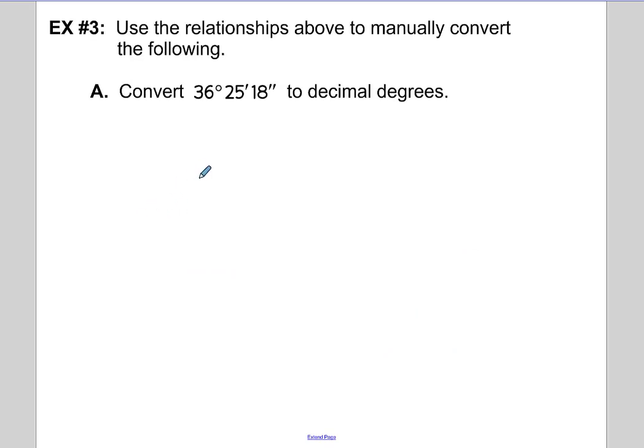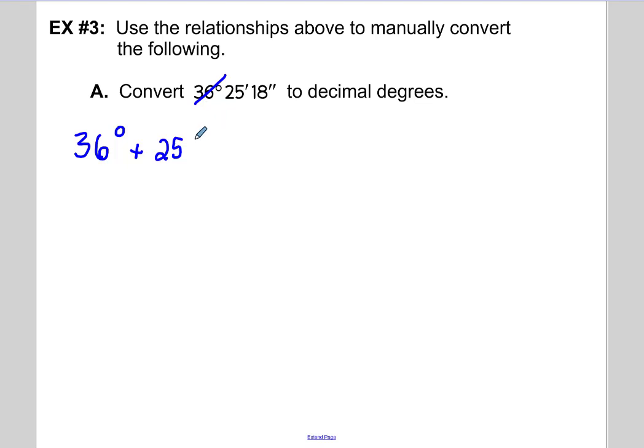So to use those relationships, this can be a little tricky at first if you're not familiar with it. We want to convert 36 degrees, 25 minutes, 18 seconds to decimal degrees. So you're going to need to grab your calculator, and right away we know we've got to convert everything to degrees. So I've already got 36 degrees, that's taken care of. But we have 25 minutes.